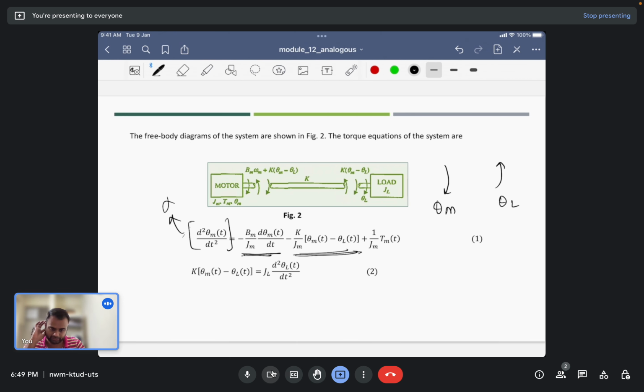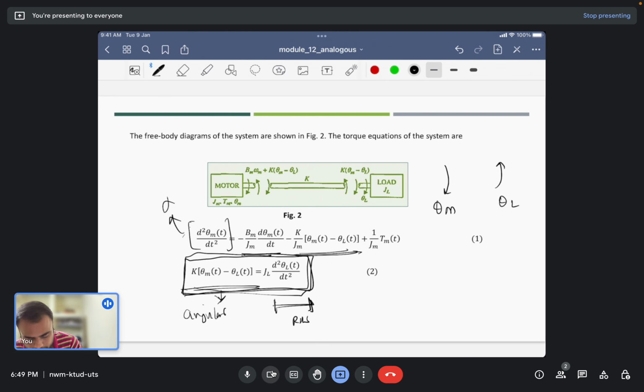So theta m minus theta l is the net, times K by Jm, where K is the spring constant, and now adding the load component, 1 upon Jm times tau m. We write this as a function, where the d square theta term we take on the RHS, and all the other friction and load components due to angular displacement are listed on the LHS. So we arrived at equation number 2.